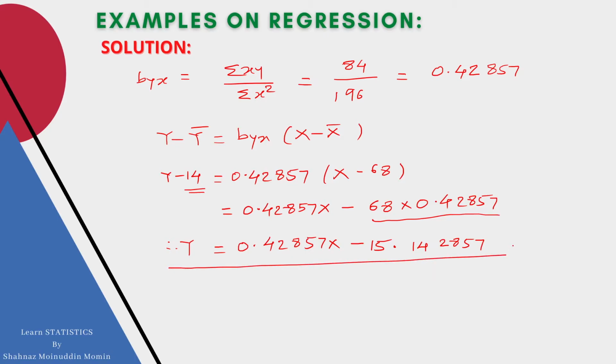Now we have to obtain the expected value of sales for the advertising expenditure of 90 lakh. Means here put x equal to 90 in this equation, equation number 1.